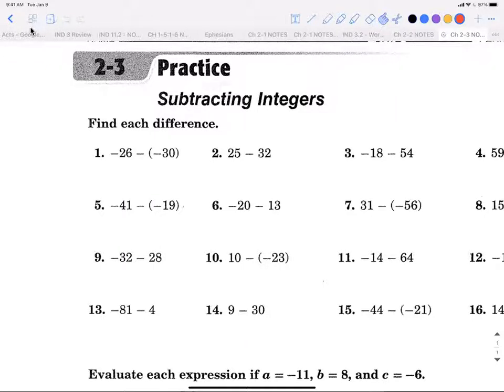The reason you always take that sign, and I always go back to this because it's such a visual analogy: if you are 10 feet deep in a hole and you only come up 4 feet, you're still 6 feet in that hole.